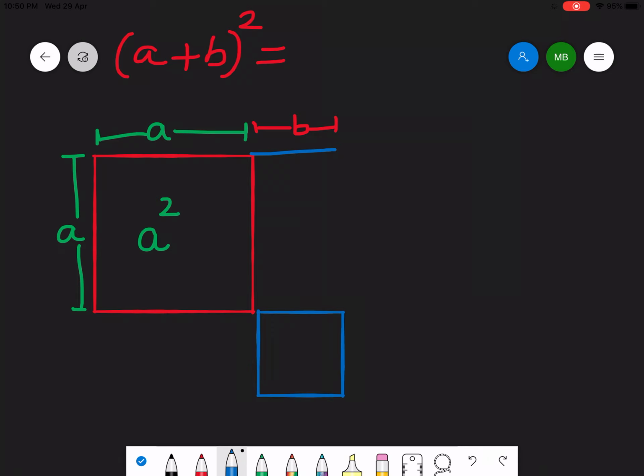Right, so this length over here is b units and this length over here is also b units. What will be the area of this square then? It will be b squared, isn't it?